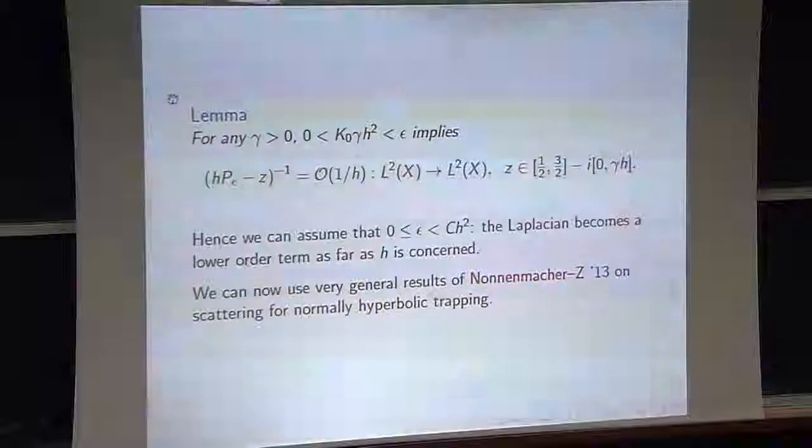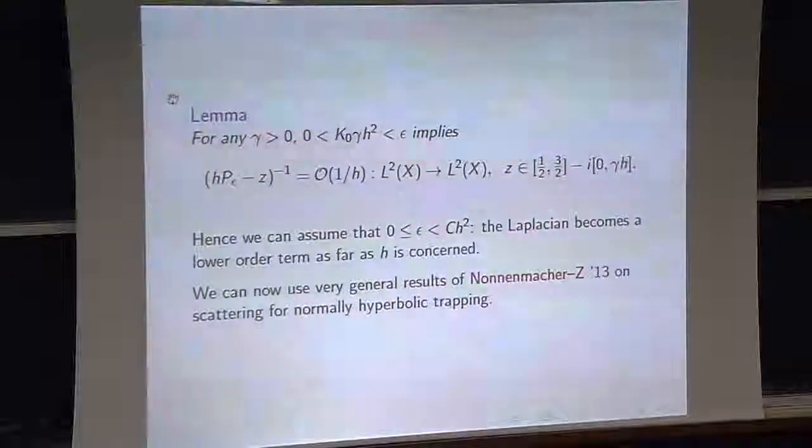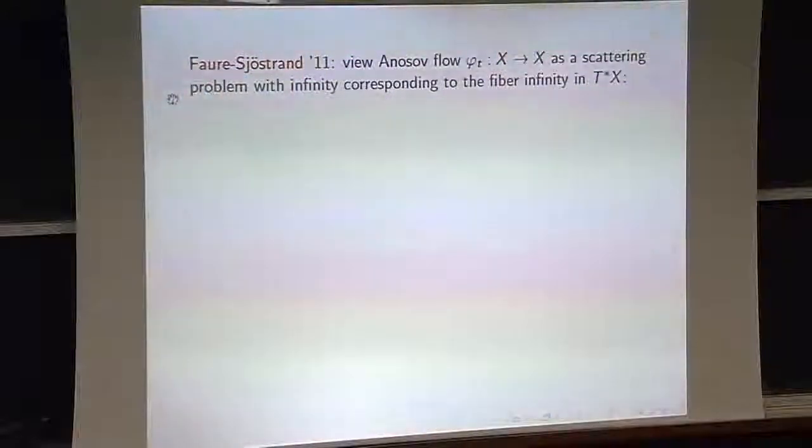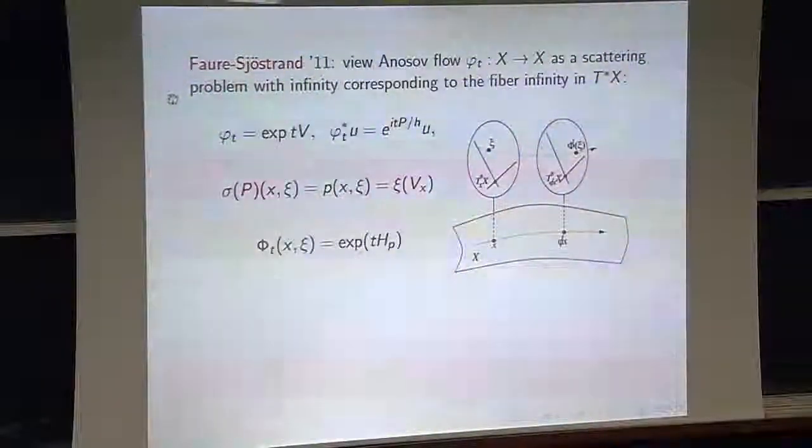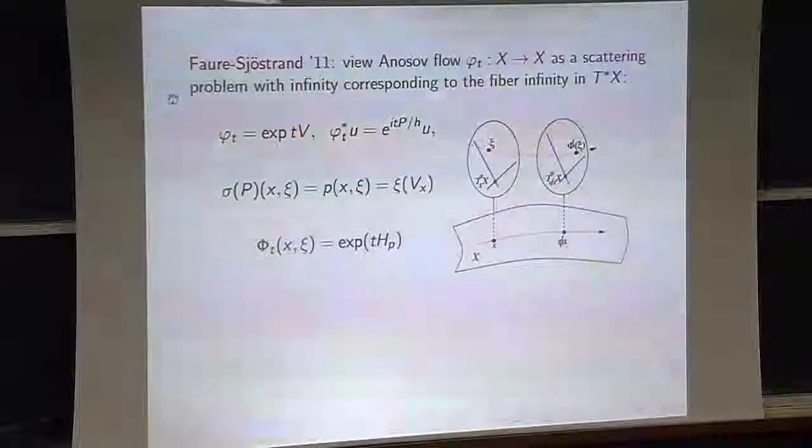So what is normally hyperbolic trapping, and how does it manifest itself here? I recall this point of view of thinking about the flow as a scattering problem with infinity corresponding to fiber infinity. So here is a picture. I can think of the flow on the base, on X, as just the exponential of tV, where V is the generator of the flow.